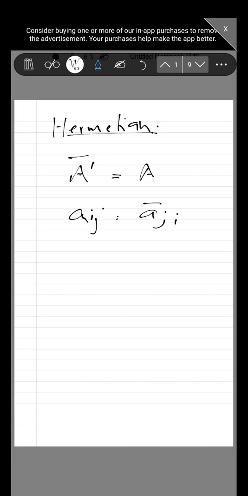And another property of a Hermitian matrix is that the diagonal elements are real.